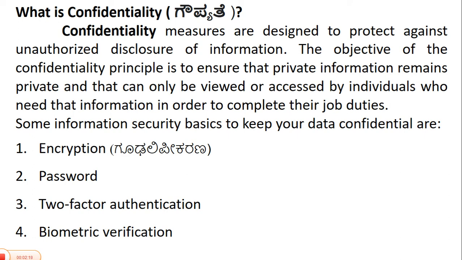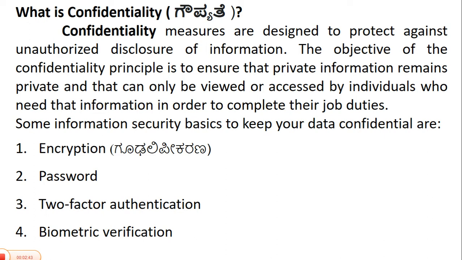That should be in a confidential manner. The objective of the confidentiality principle is to ensure that private information remains private and can only be viewed or accessed by individuals who need that information in order to complete their job duties.